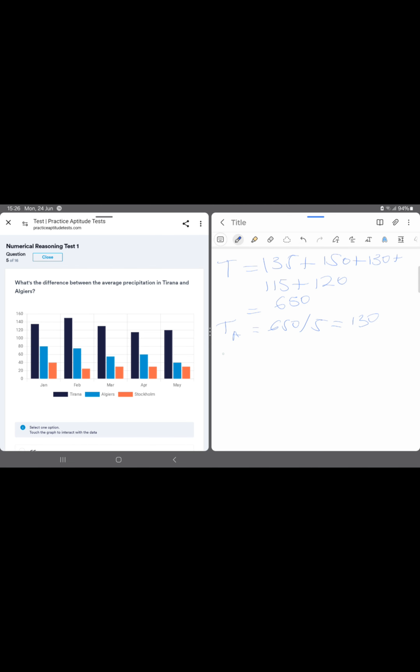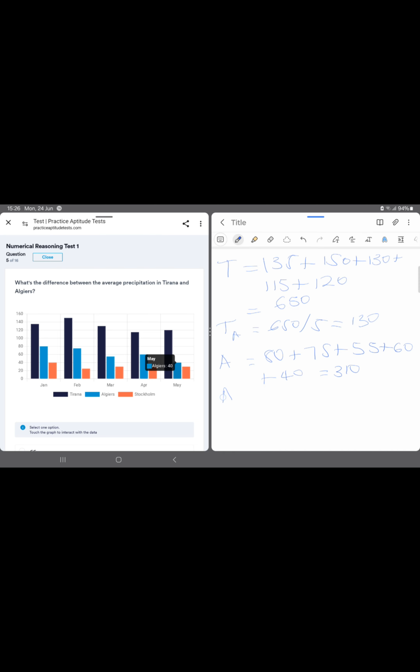Okay, and then for Algiers we've got 80 for Jan plus 75 for Feb plus 55 for March plus 60 for April, and lastly 40 for May, which gives us a total of 310.